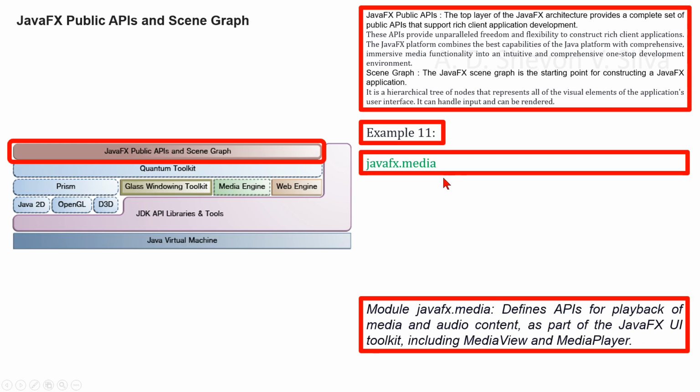Module javafx.media defines APIs for playback of media and audio content as part of the JavaFX UI toolkit, including MediaView and MediaPlayer.